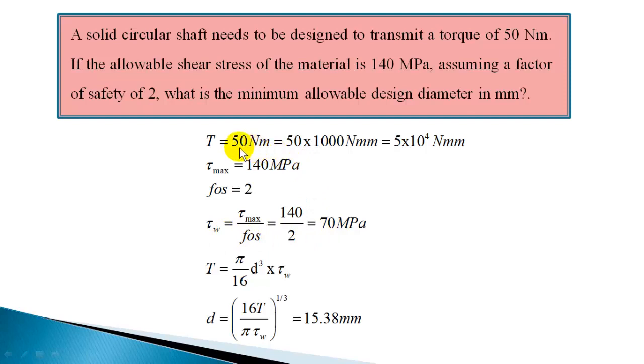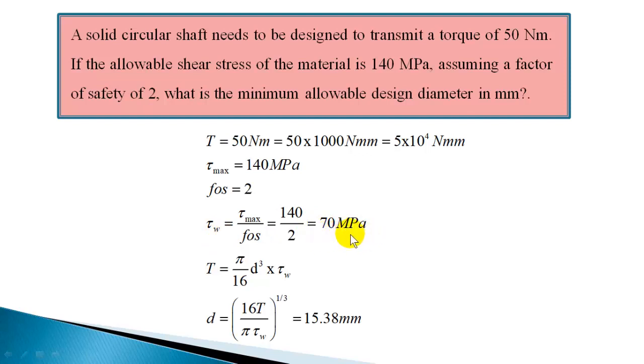So torque given is 50 Newton meter, or 50 into 1000 Newton mm, 5 into 10 raised to 4 Newton mm. Maximum shear stress is 140 megapascal. Even though the material can withstand 140 megapascal, since the factor of safety is 2, we will permit the stress to only 70 megapascal. So tau W, I'll put it as working stress or design stress, is 70 megapascal.